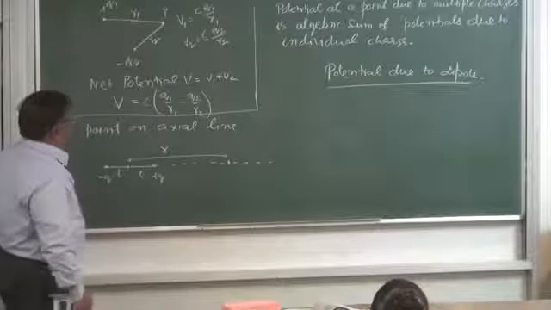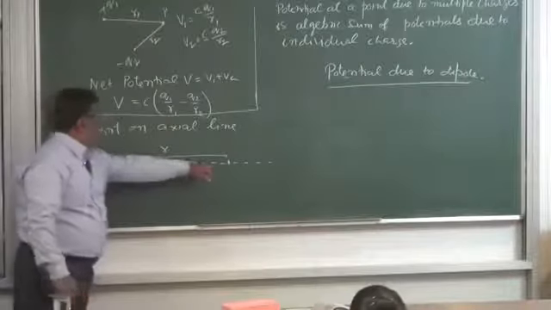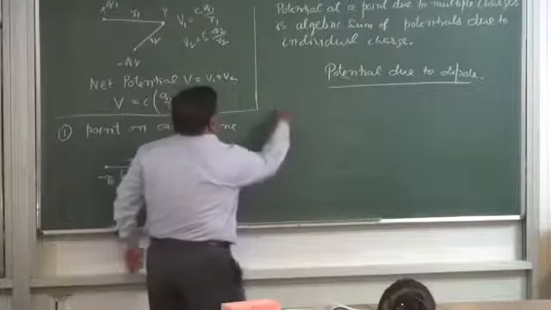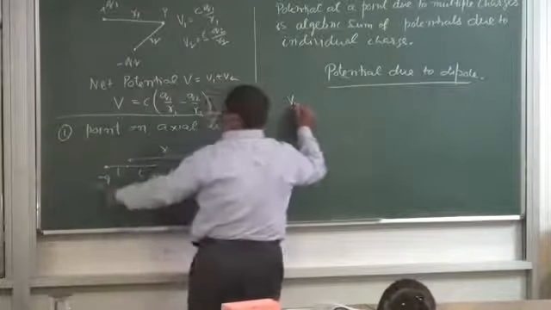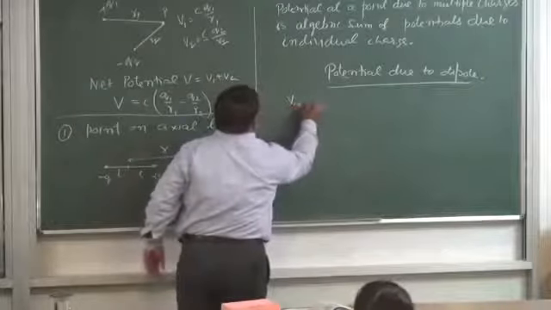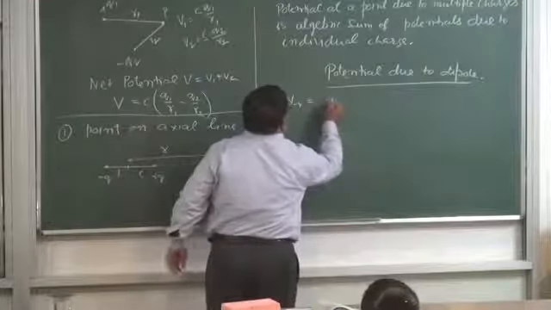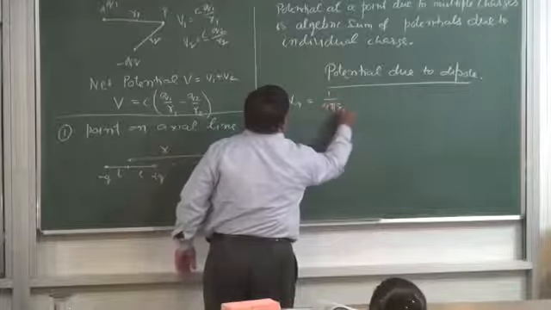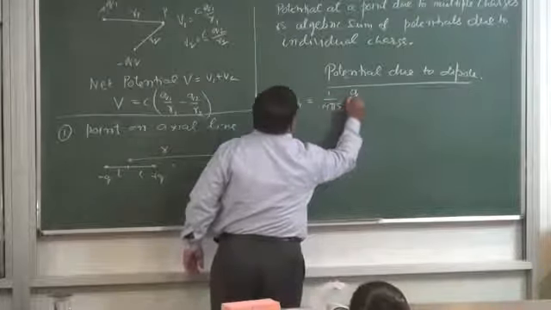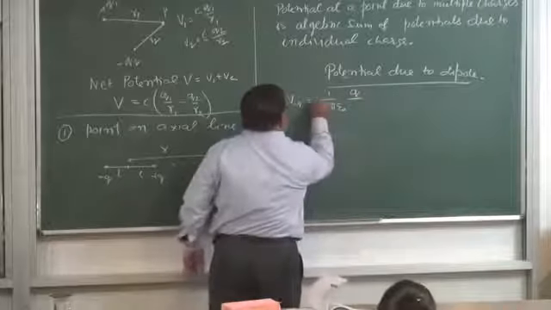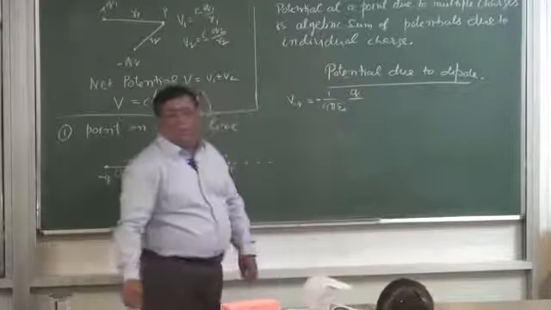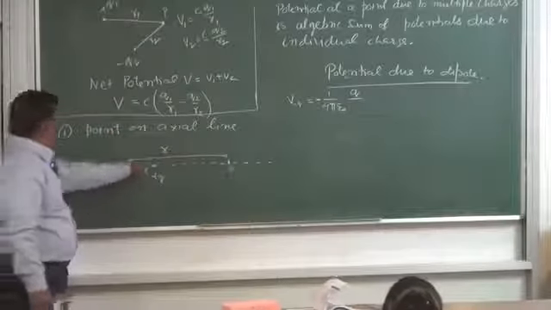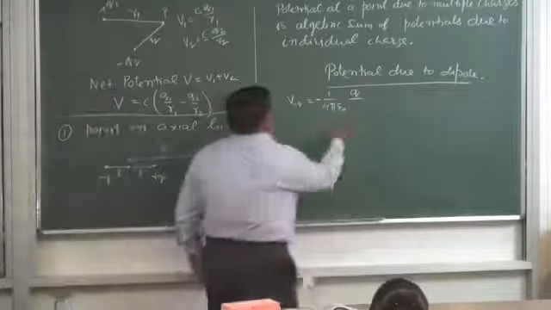Now we have to find out potential at this point P. V due to minus Q is equal to, tell me how much it is. Minus Q upon, what is the distance from this point to this point? This is r plus L.